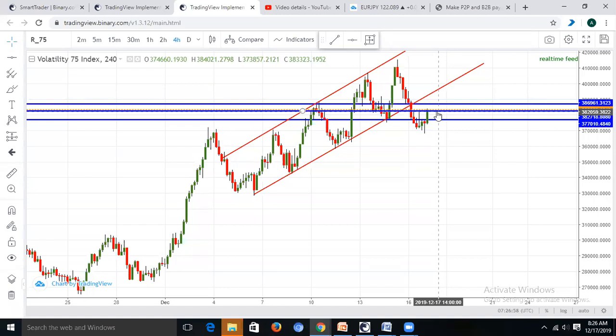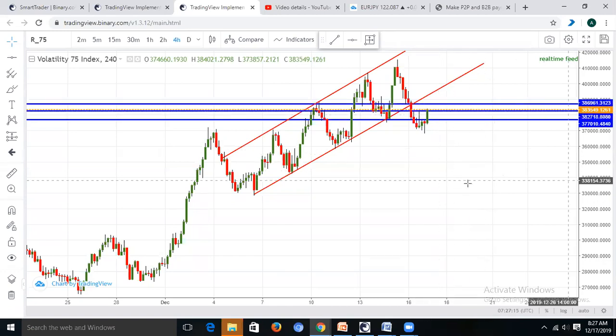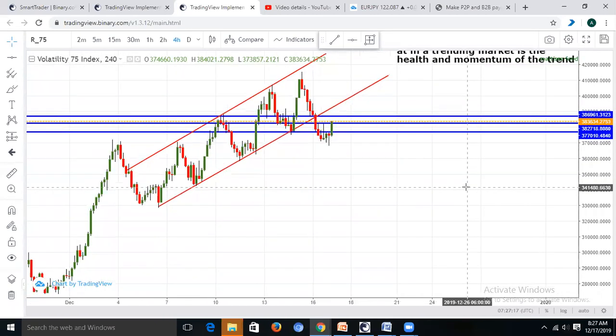Just hold on. Okay, so this is volatility index chart 5.